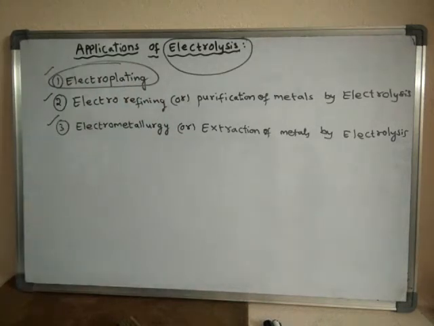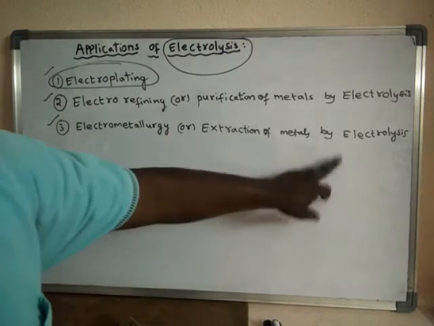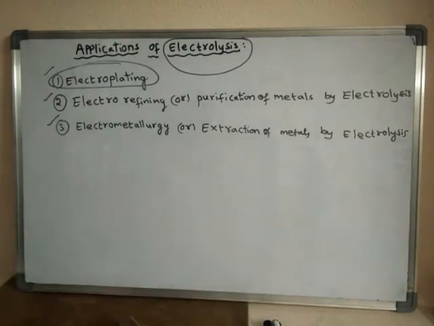What is electroplating? Already we have seen that the copper ring is coated either with gold or silver or any other noble metal or superior metal.